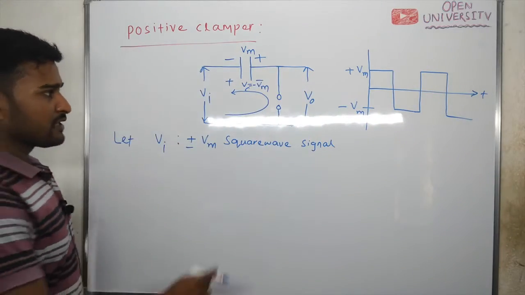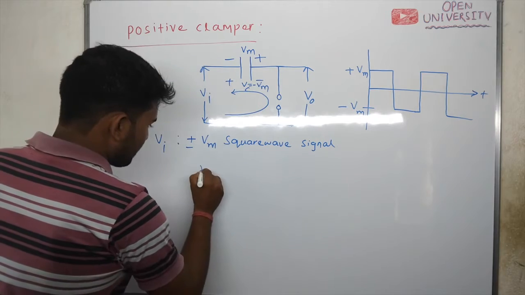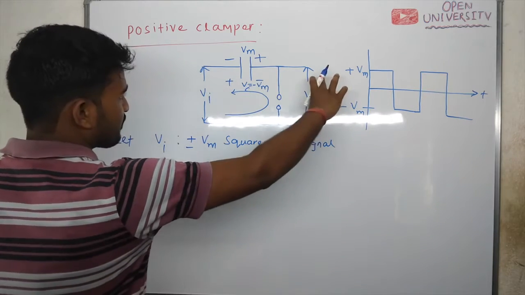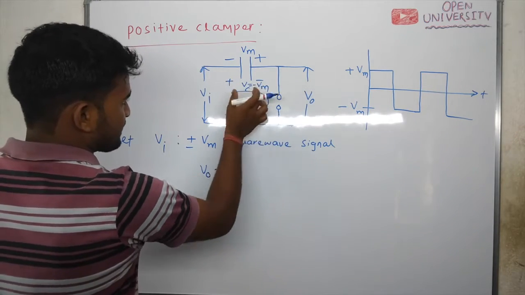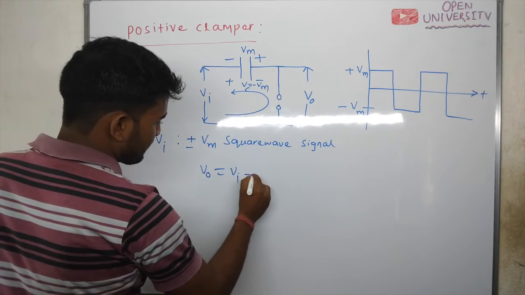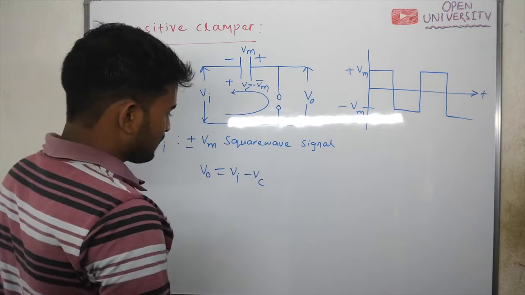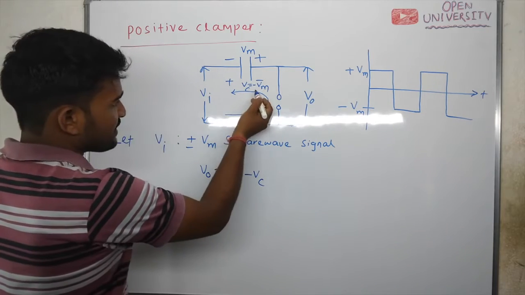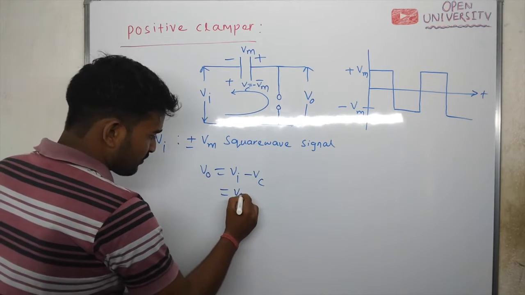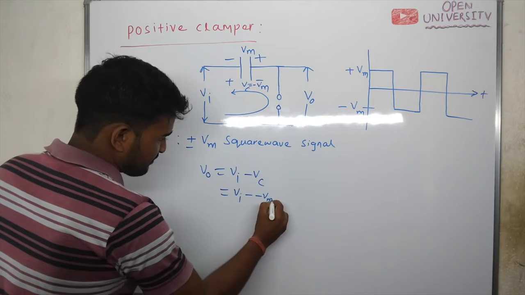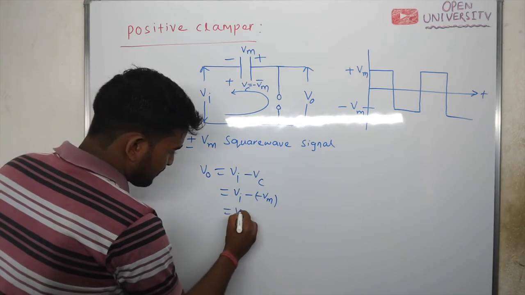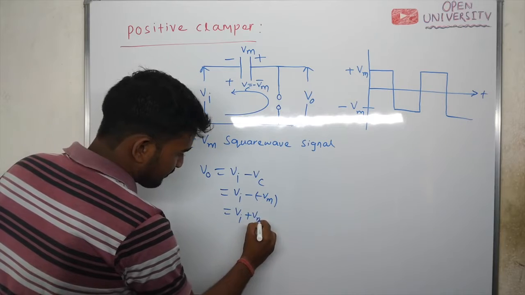So what is the output voltage now? V naught equal to Vi minus Vc. Now what is this Vc? Minus Vm. So minus of minus Vm, so Vi plus Vm.